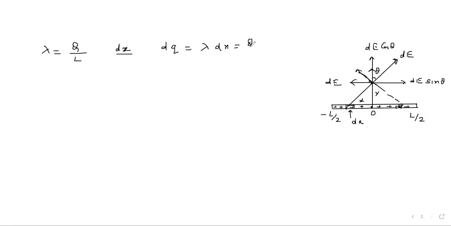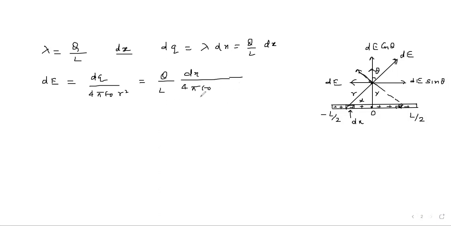So lambda is q upon L times dx. Now electric field due to this element will be dq divided by 4 pi epsilon naught, and this distance is suppose r, so r square. So we put the values, so it will be q upon L times dx divided by 4 pi epsilon naught, and r is x square plus y square.